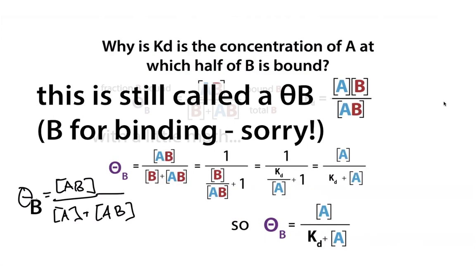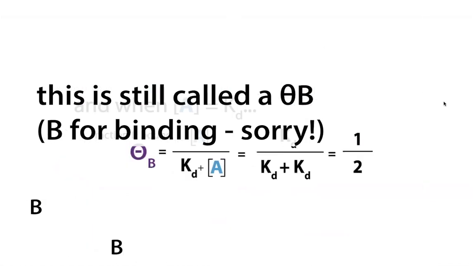If we do the same sort of math, we get that theta A is equal to the concentration of free B over the KD plus the concentration of free B. So we can use either A or B to figure out the proportions.